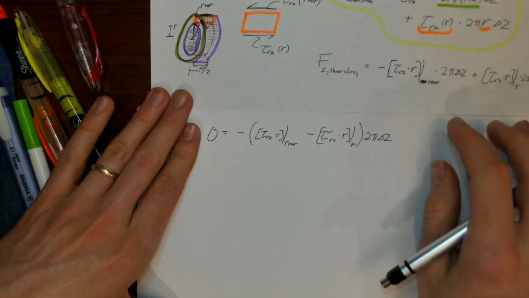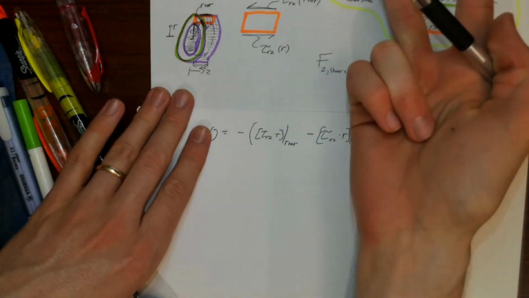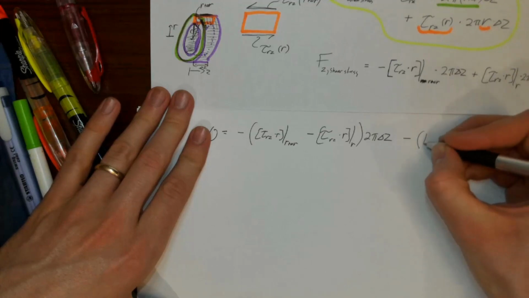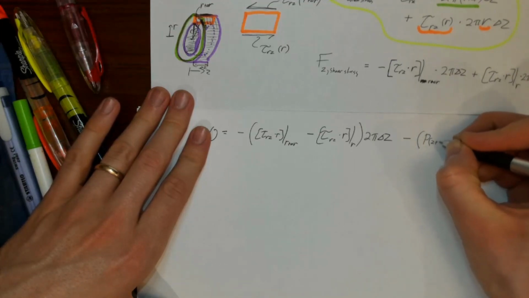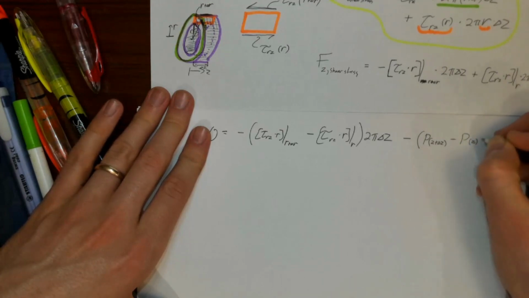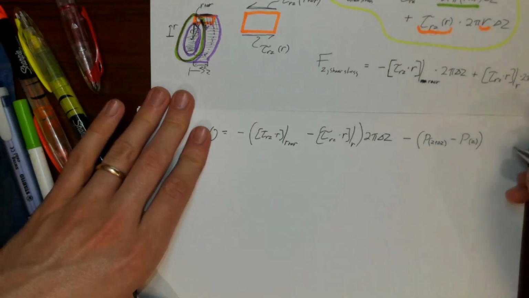And then I can have my pressure term right here. I'm going to flip-flop the order of these as well and factor out a minus sign. P at z plus delta z minus P at z, times 2 pi r delta r.